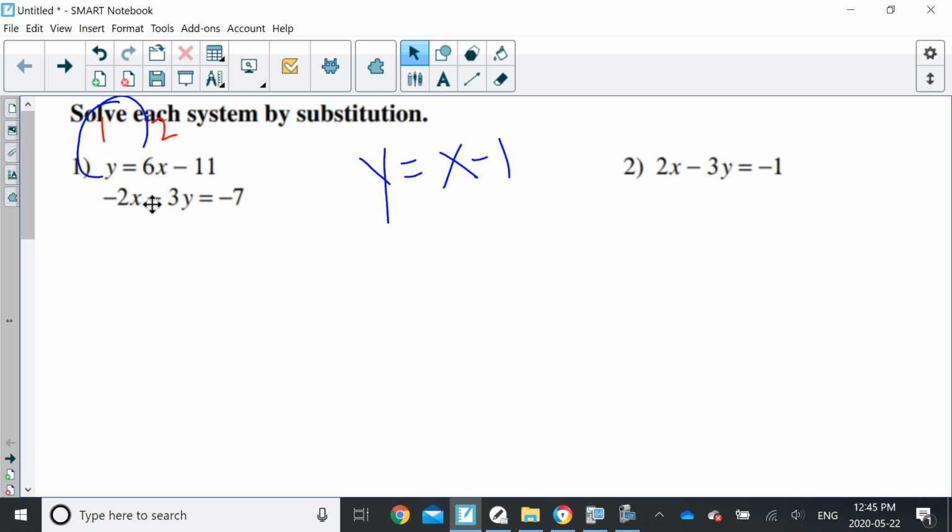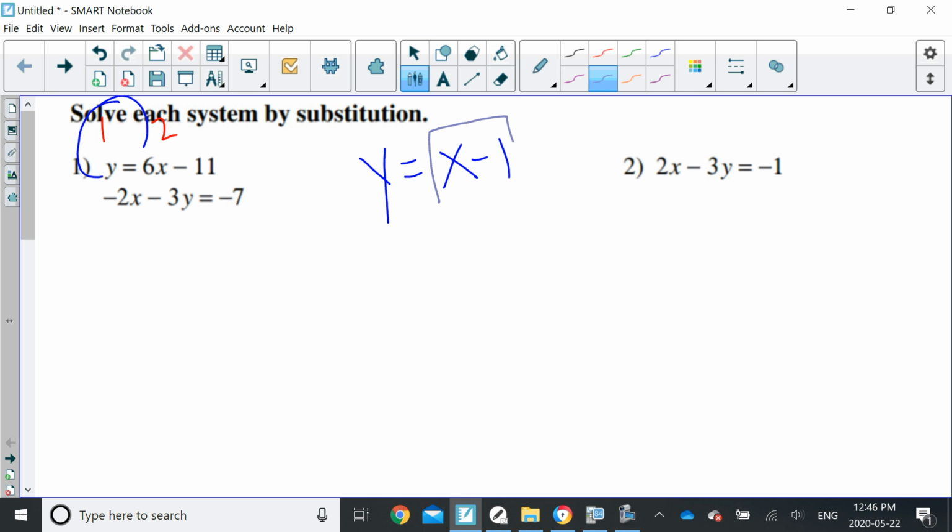When we finish this question, I'm going to show you what it's going to look like on your test. So they told me that y is equal to this. I'm going to go to this system and look at that, there's y. Y goes out, and x minus 1 is going to go in. So we're dealing with this system now.